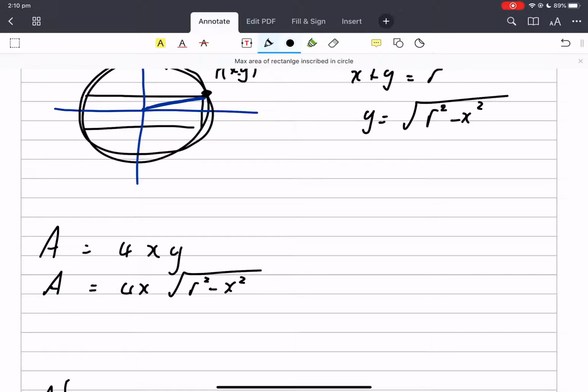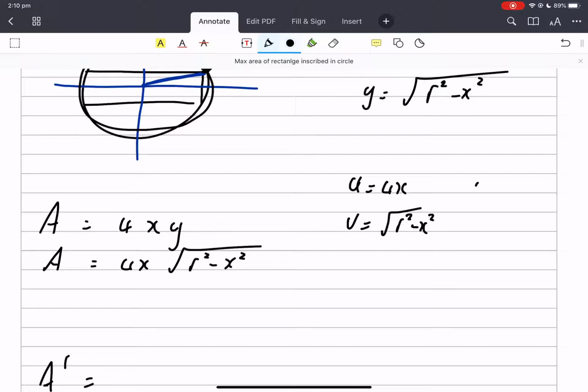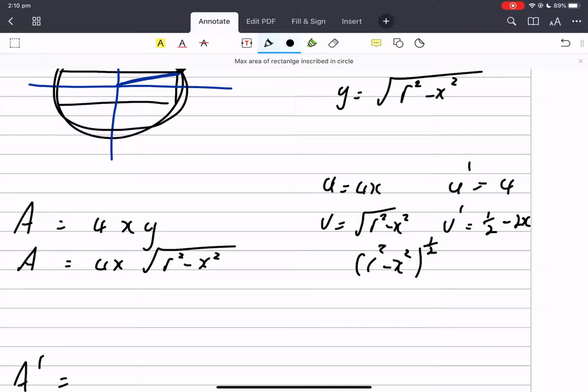there we go. We can't exactly expand that, so we're trapped in a product rule. So u equals, v equals, so u dash is easy, v dash, that's a chain rule, please be careful. We're thinking r squared minus x squared to the half, so it's going to be a half multiplied by the derivative of what's in there, multiplied by r squared minus x squared to the negative a half, so that goes on the bottom.